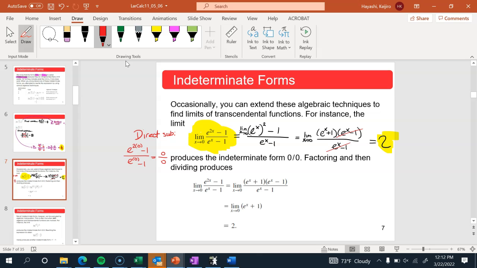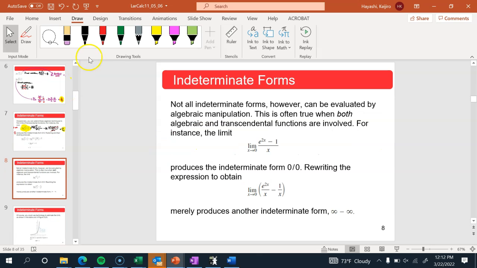But sometimes you can get indeterminate forms and there is no recourse. For example, if you have a limit like this, if you do direct substitution on this, you will get 0 over 0.